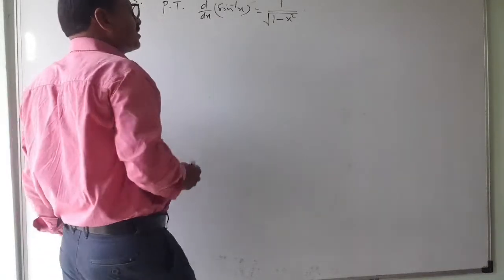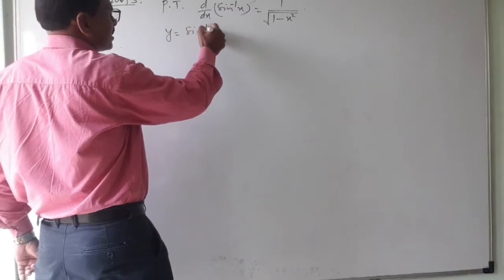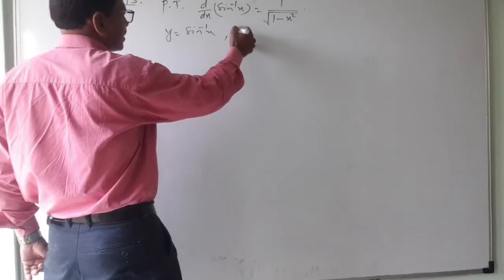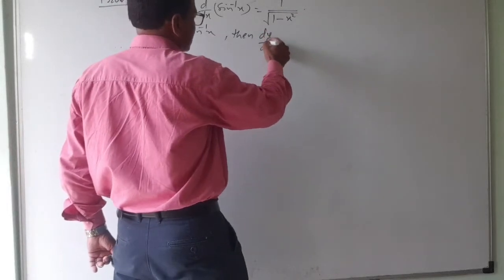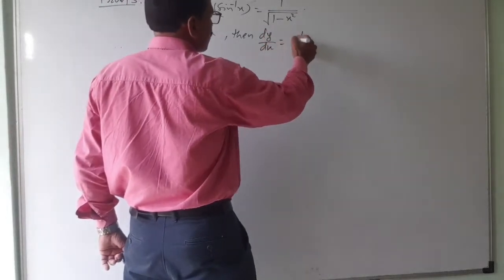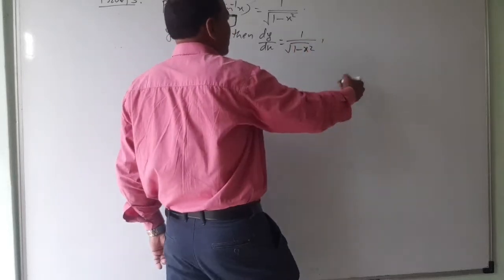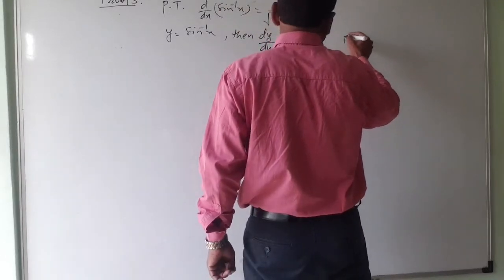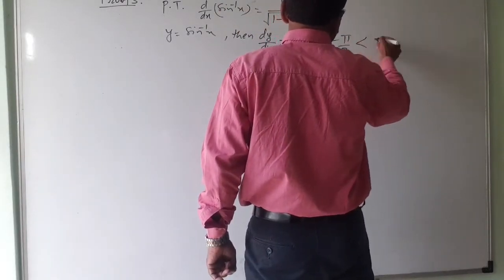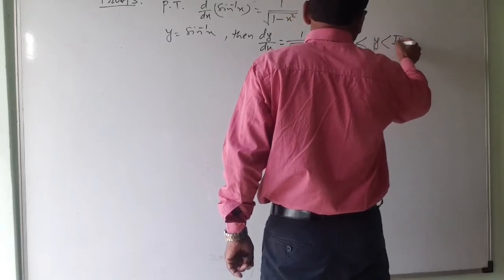In the textbook it is given, if y is equal to sine inverse x, then show that dy by dx is equal to 1 upon under root of 1 minus x square, and here y values go from minus pi by 2 to pi by 2.